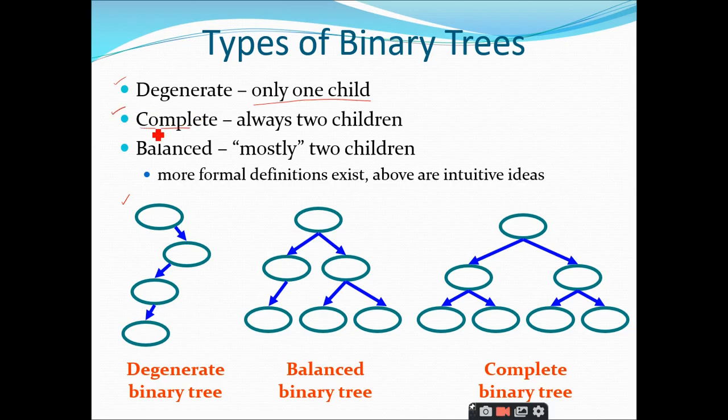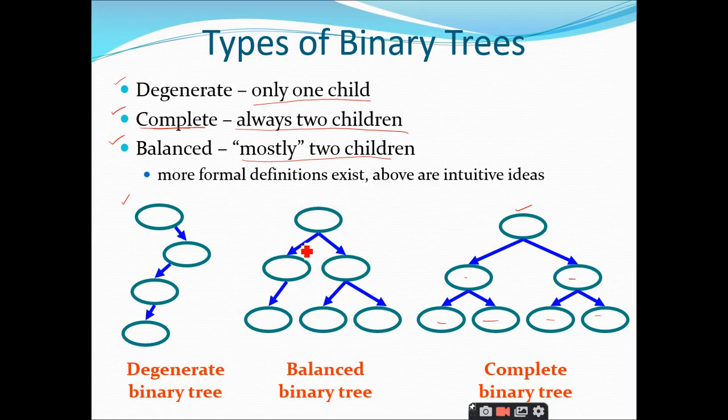And what about the complete binary tree? The name itself says that you should always have 2 children. If you consider this example, the root node has 2 children, this node has 2 children, this node has 2 children. So this is a complete binary tree. And coming to the balanced binary tree, mostly 2 children.